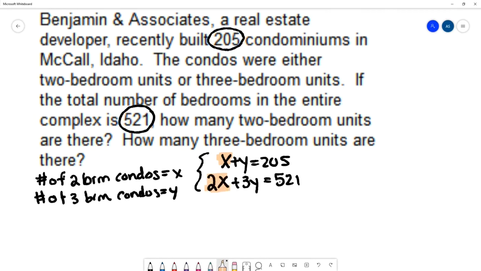I want them to have the opposite signs, but the same coefficient. So I need a negative 2. I'm going to multiply a negative 2 times that first equation. I get negative 2x minus 2y equals negative 410. The second equation stayed the same.